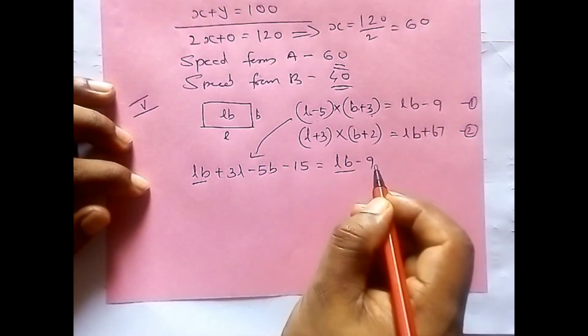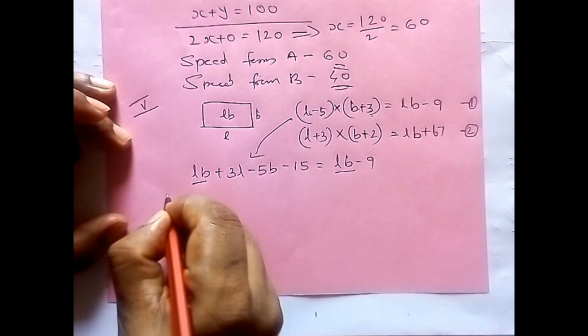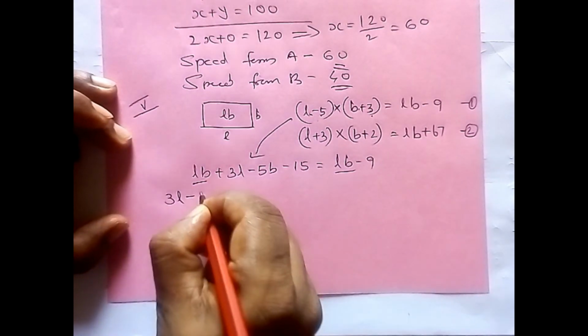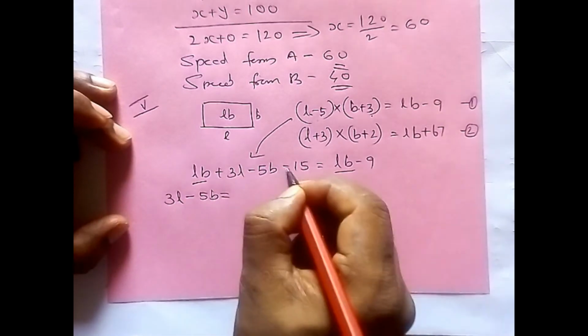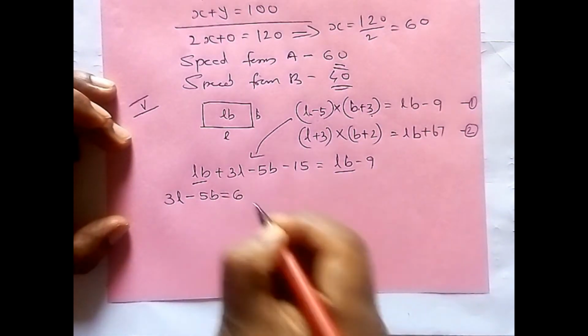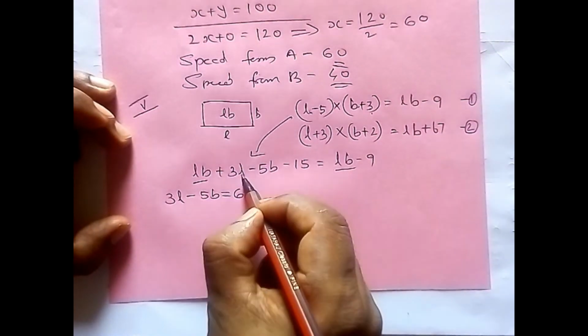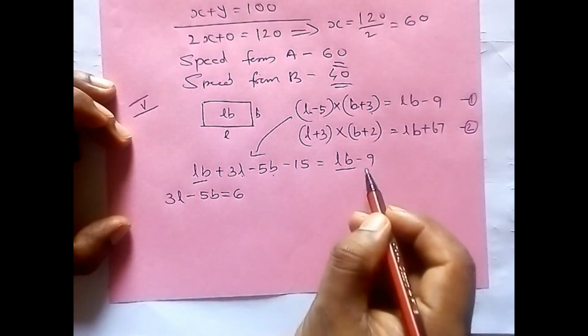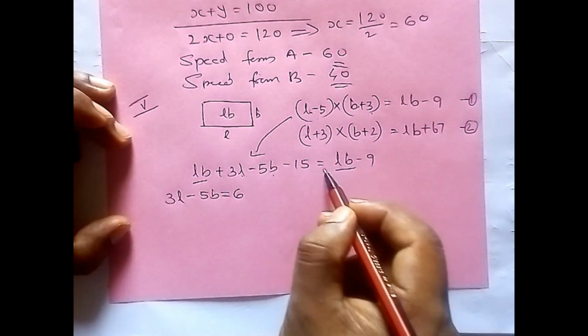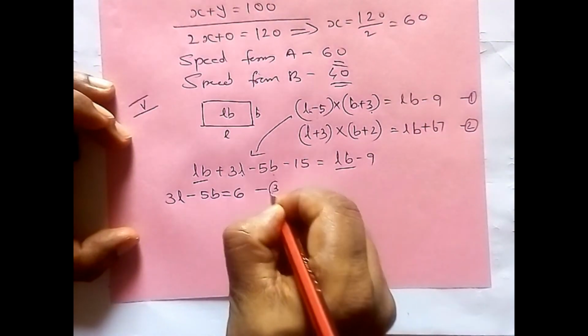This 15 will go here as plus 15. So that we get the equation as 3L minus 5B equal to 6. Okay, LB will be getting cancelled. 3L minus 5B, minus 15 as plus 15. 15 minus 9 is equal to 6. So this is equation number 3.